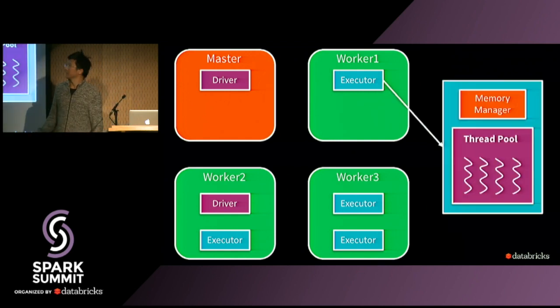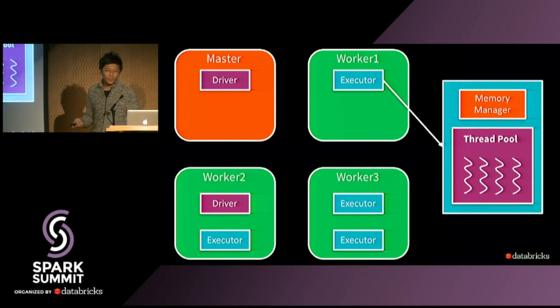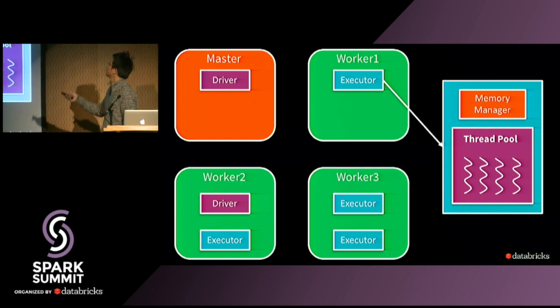Inside each executor is actually a JVM process, which has a small memory manager to manage the memory for this process, and a thread pool to run your tasks, because Spark will split your jobs into smaller tasks, and each task will run in a slot in the thread pool. Today, I'm going to talk about the memory manager inside one executor, not the cluster level.